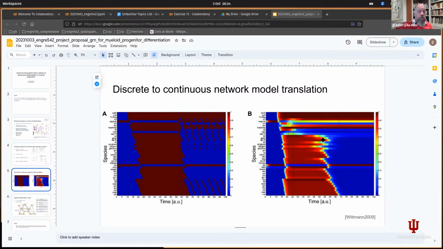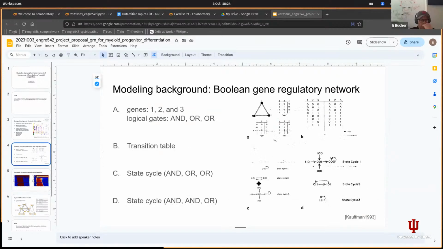But for example, let's look at the very first. If you go back to your 4, this 4. Yeah. So your cycle C, which is an OR cycle, you have number 2 turned on. The next time you have 3 turned on. Then you have 2 turned on. Then you have 3 turned on again. That will not be an oscillator in a reaction kinetic model.